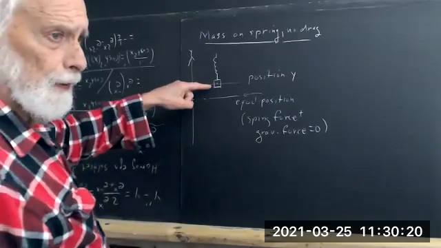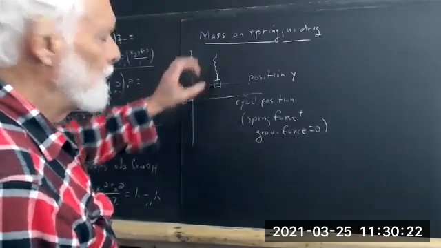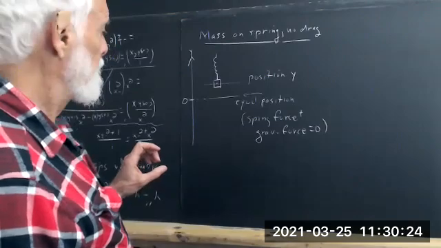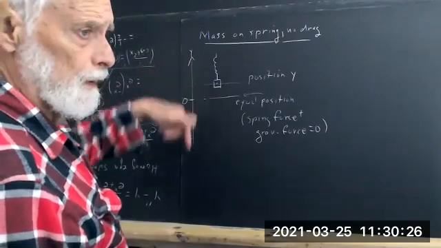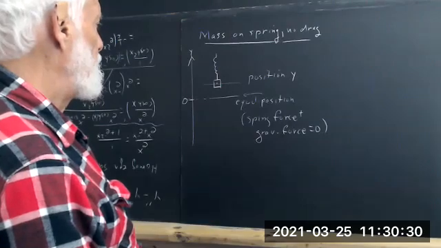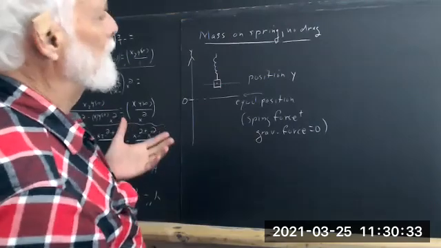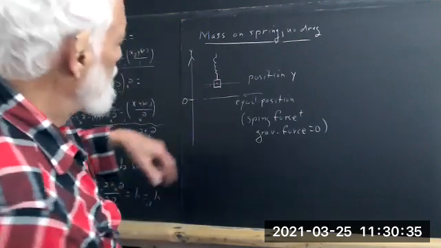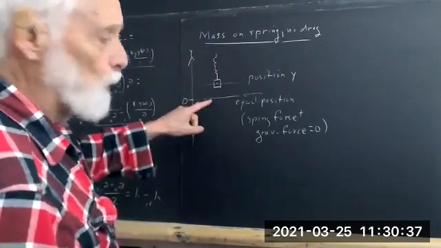At this position, the spring is more compressed, so it's pushing down. Let's say it's less stretched out. It's not pushing down as much as it was here.